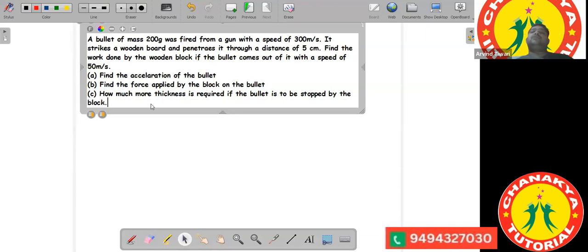So first of all, you can find out the work done also. That's quite easy. You can also find out the acceleration and the force applied. Both of them are similar to the previous question. So I don't think that there will be any problem in doing these parts.